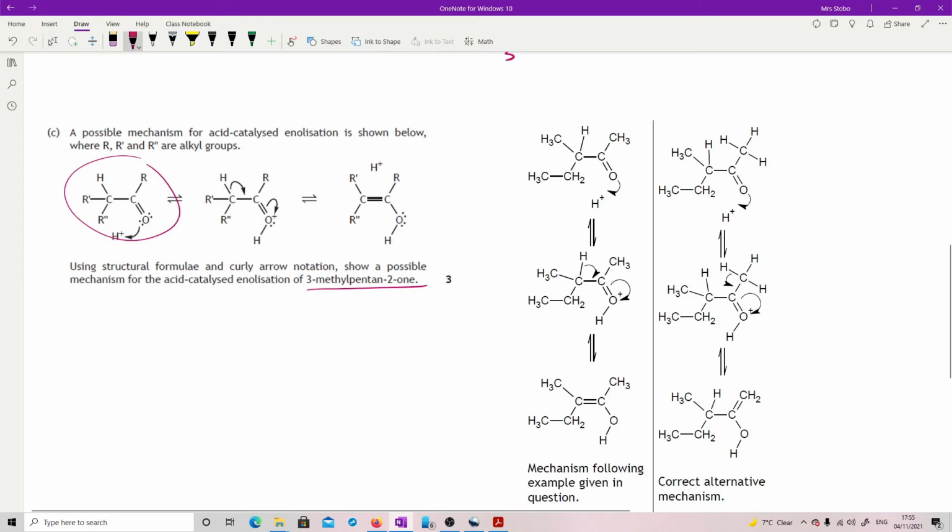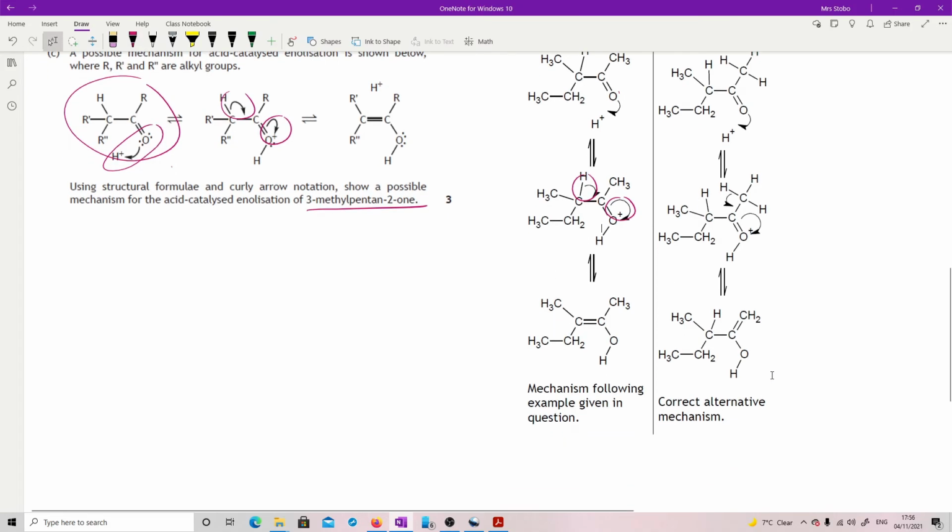Here's your initial step, here's your oxygen, and then we've got these two arrows that we need to bring in, and there they are. Then our last arrow is the dissociation. So that's basically it. I quite like it. It could be a lot worse.